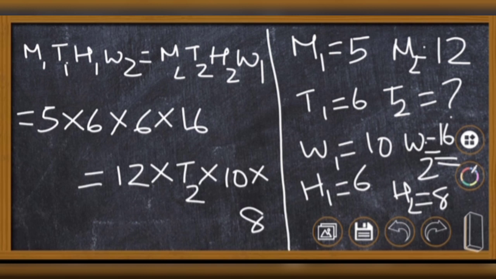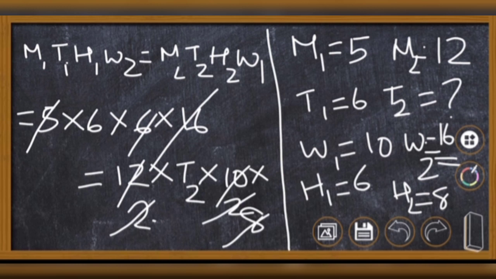Cancel 6 and 12 by 6, then 8 and 16 get cancelled, then 5 and 10 cancelled by 5. So we will get D2 is equal to 3.